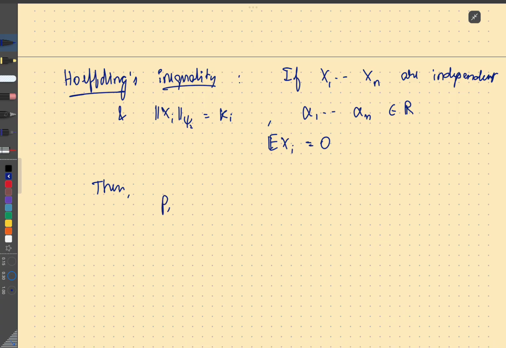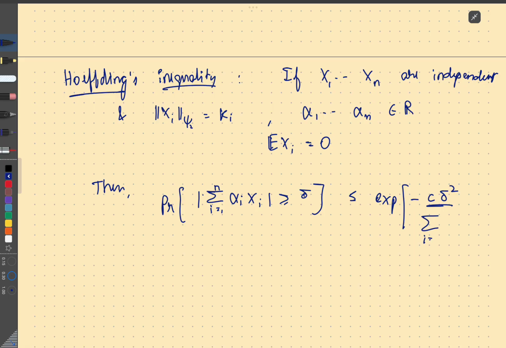Then the probability that the sum of alpha i xi is greater than or equal to some delta is less than or equal to e to the minus some constant times delta square divided by the sum from i equal to 1 to n of ki square.